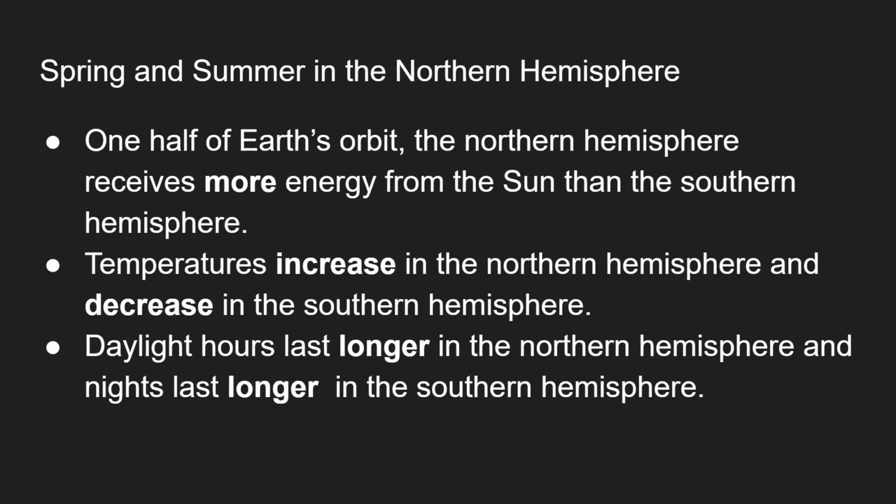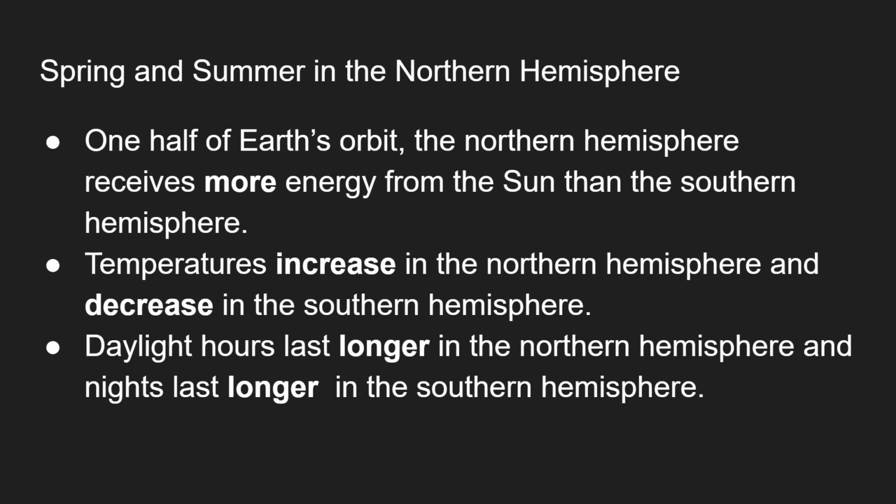So in the northern hemisphere, daylight hours are long, night hours are shorter. In the southern hemisphere, nights last longer, days are shorter. And that makes sense because when we're in winter, the sun goes down at like 5 o'clock. So our daylight hours are shorter, but our night hours are longer.